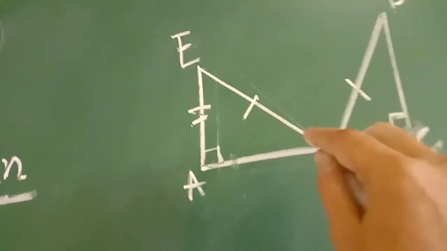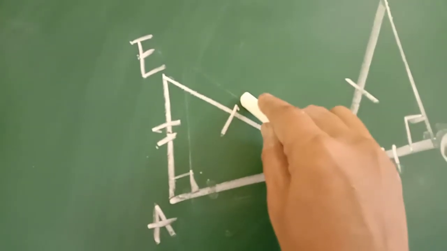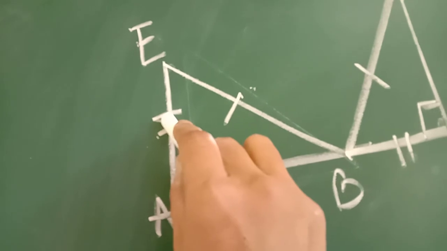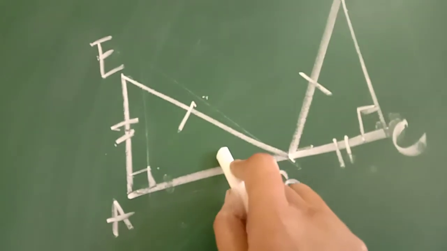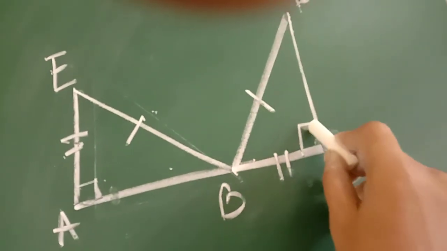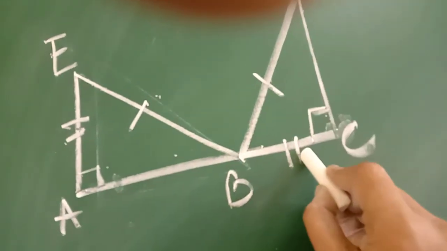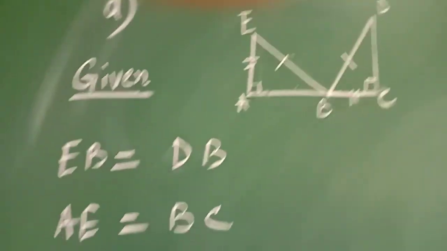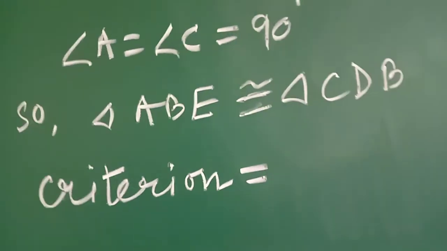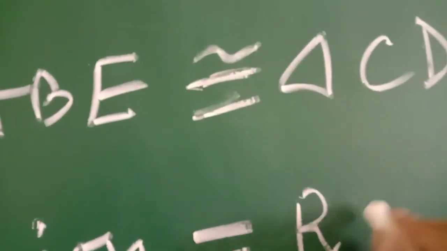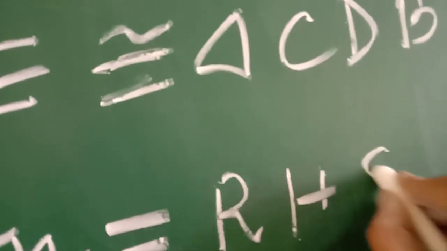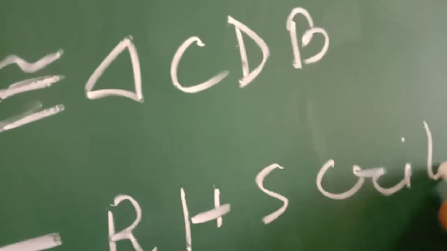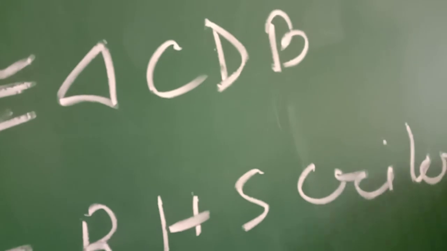Can you remember? Right angle, hypotenuse and one side of one triangle are correspondingly equal to the right angle, hypotenuse and one side of the other triangle. Then these two triangles are congruent by right angle, hypotenuse, side criterion. Understood?